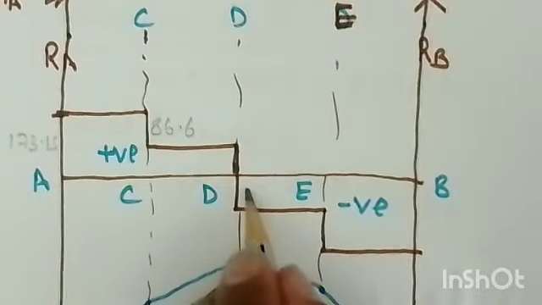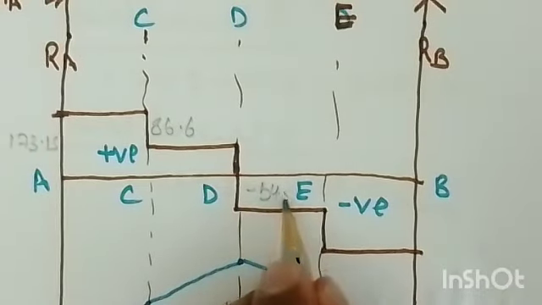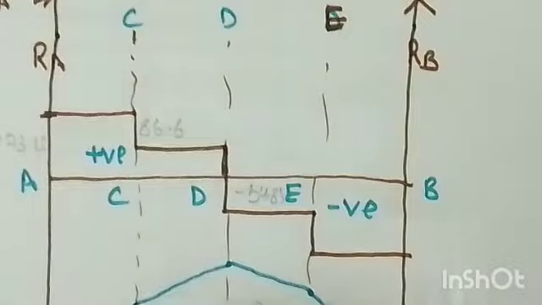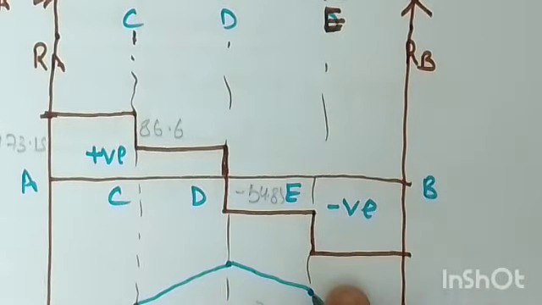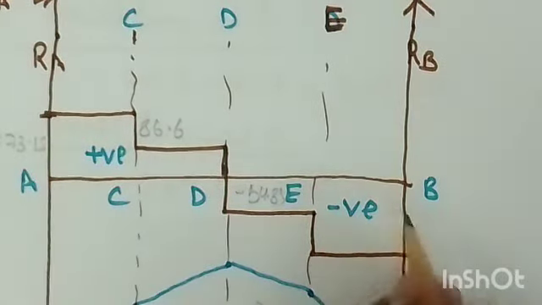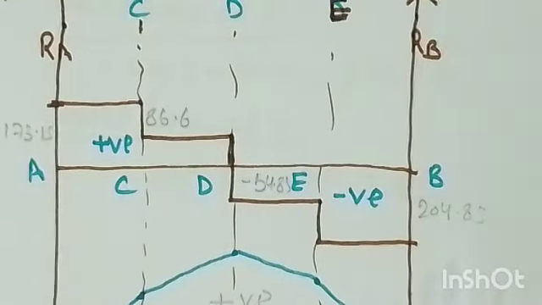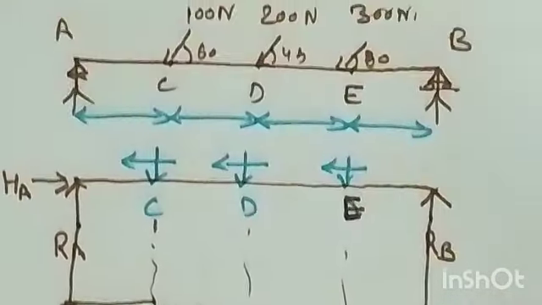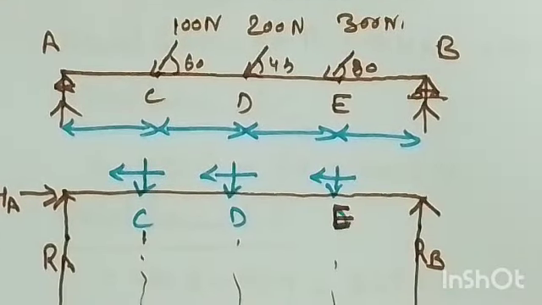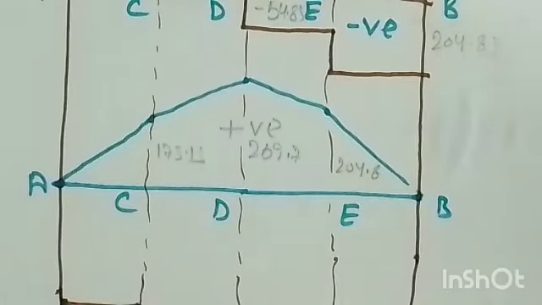It is minus 54.85. As you have drawn it downward, you need not write any negative values, right? And further it is 204.85. So this is how we can draw the shear force and bending moment diagram of a given question, right? So this is all about today's class. Thank you.